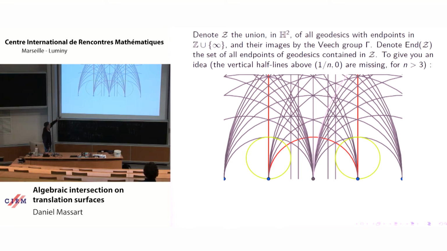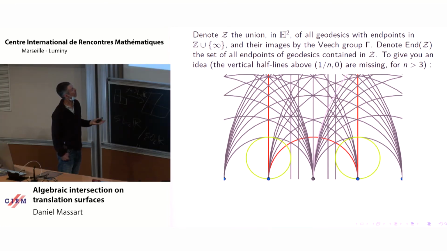And I call this calligraphic Z. In particular, it contains the vertical lines which start at 1 over n for any integer n. So that's a lot of lines, but it's not dense. That's the point. Its complement contains many open sets.